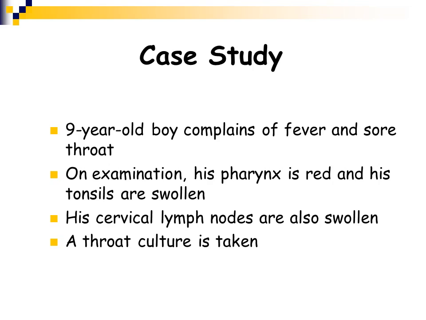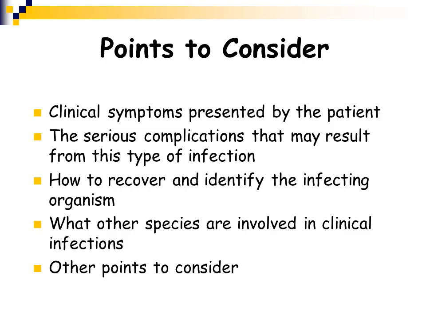Okay, our case study. We have a 9-year-old boy that complains of a fever and a sore throat. When he's examined, his pharynx is red, his tonsils are swollen, his neck or cervical lymph nodes are swollen, and a throat culture is taken. So what would you want to think about for this patient? You want to look at the clinical symptoms. Okay, this patient has a sore throat.